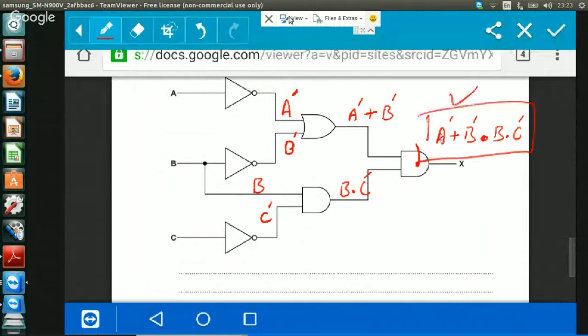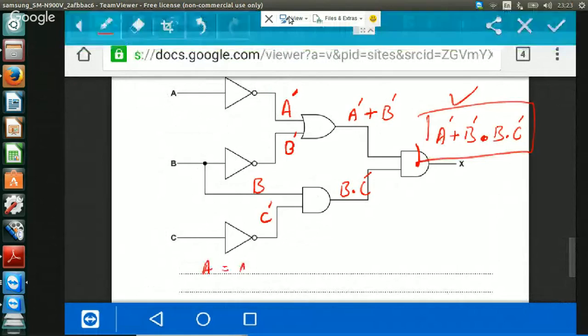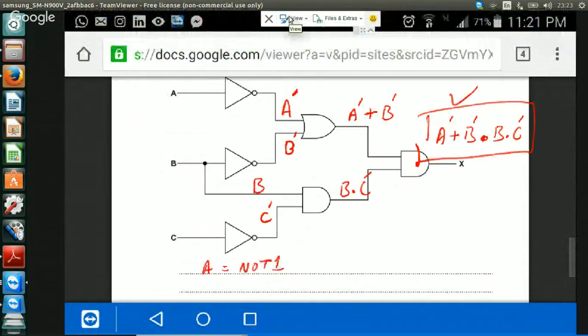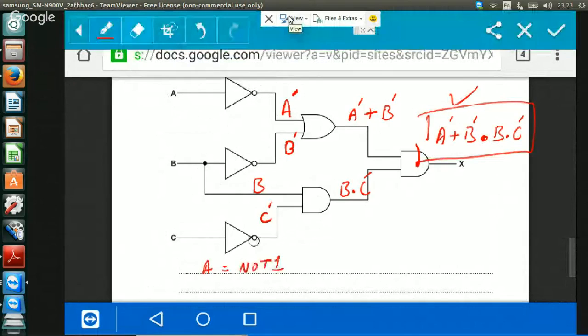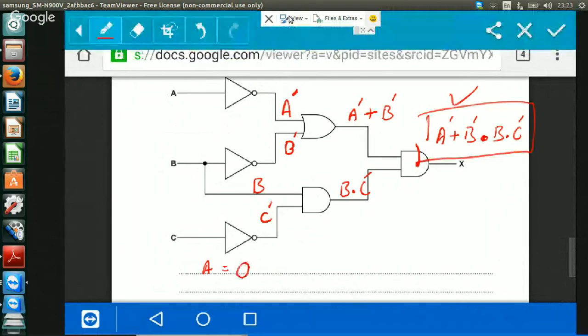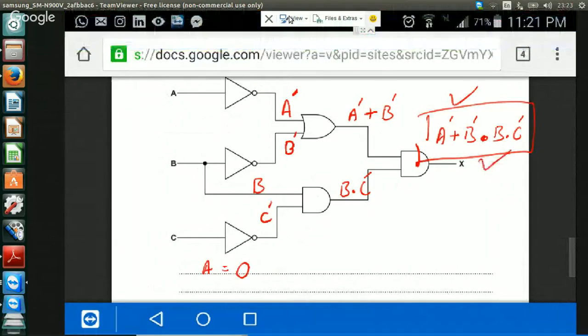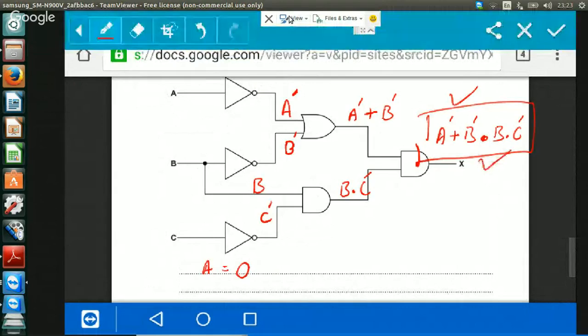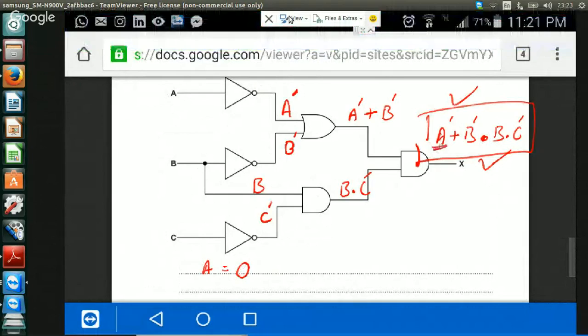So this A dash means A is equal to not 1, or you can also call it A is equal to 0. Both are going to work fine. Even this equation is going to work fine. I've seen the marking schemes. If you just write down this equation, they're going to give you full marks. But still, just to be on the safe side, let's do this whole thing correctly. A is equal to 0, all right, plus B is equal to 0.